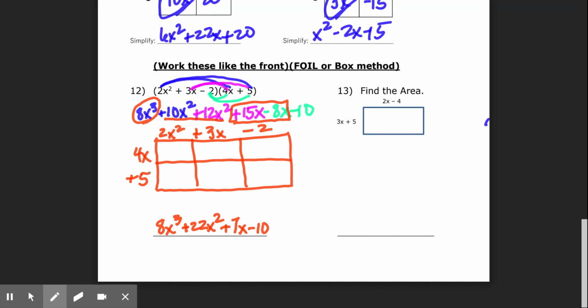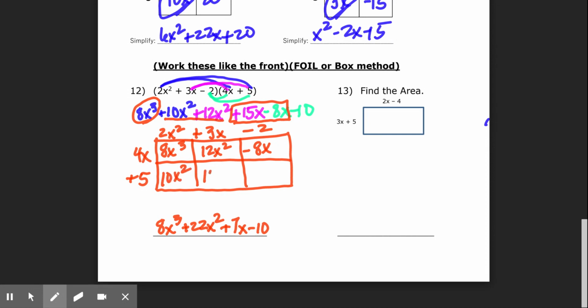So here we go. 4x times 2x is 8x cubed. 4x times 3x is 12x squared. 4x times negative 2 is negative 8x. 5 times 2x squared is 10x squared.